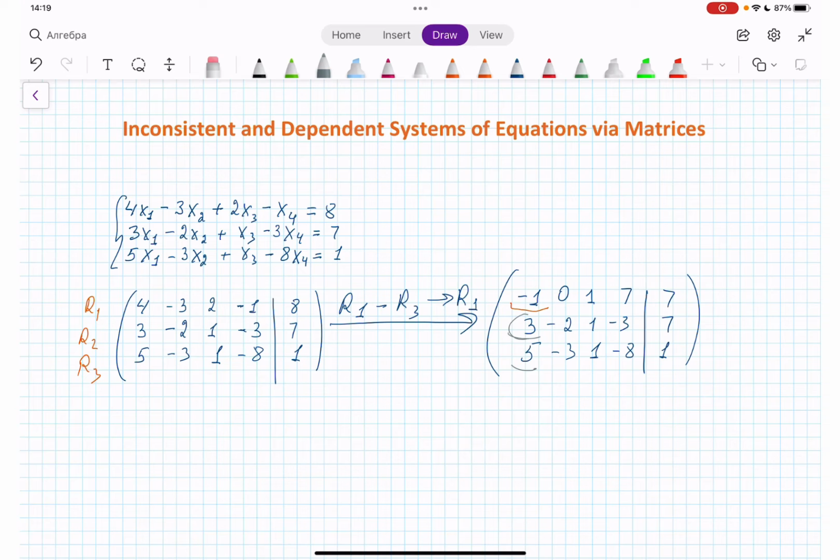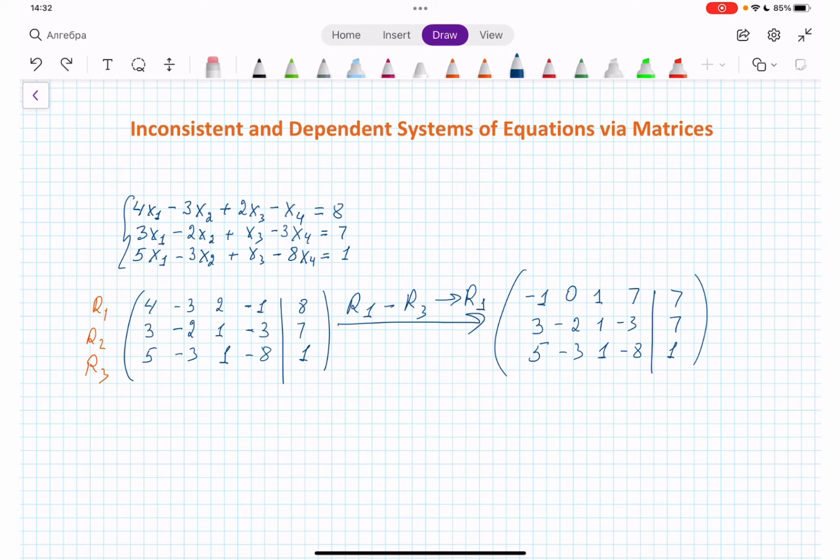Since our leading coefficient is negative 1 in the first line, to get 0 in the second and third lines of the first column, we need to manipulate with the first line.